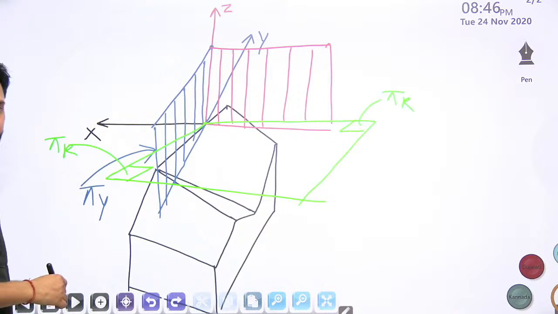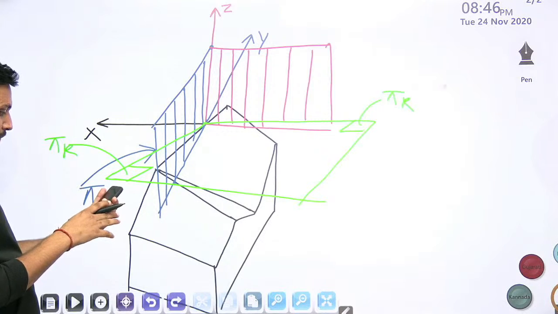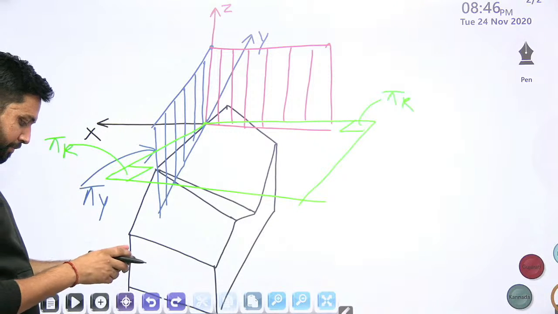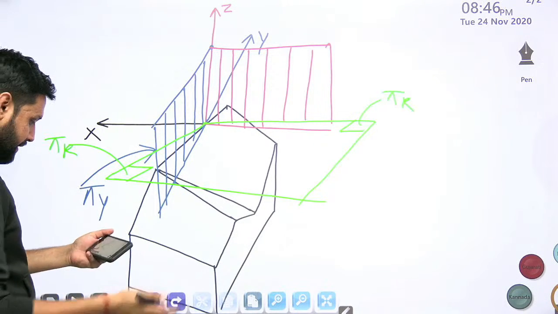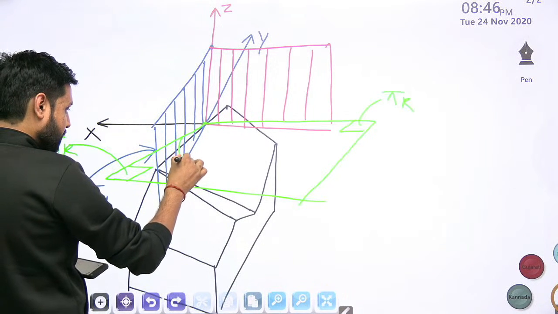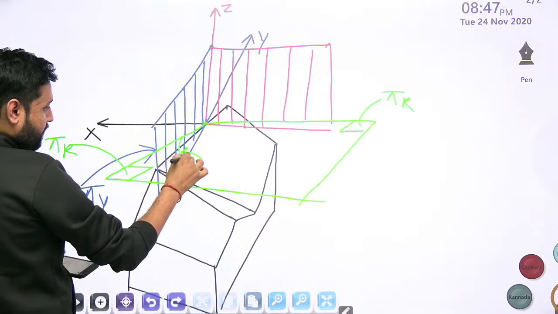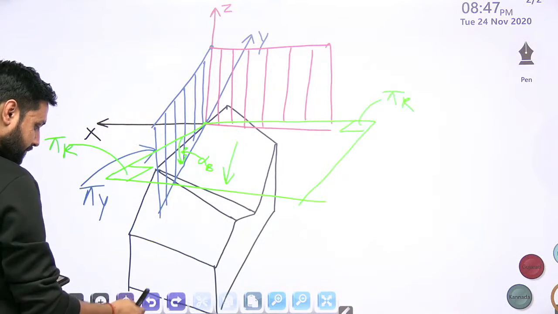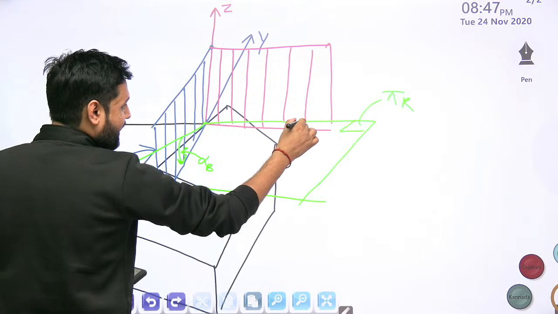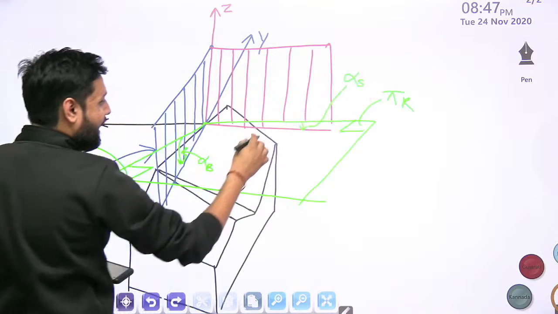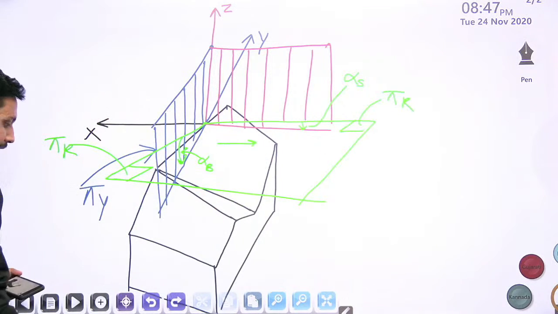Yesterday only I told you, dear students, let me see whether this is visible to you or not. Yes, nicely visible. This angle here, I told you, is the back rake angle, because it shows the backward slope of the rake face, and this angle here is your side rake angle, as it shows the sideward slope of the rake face.